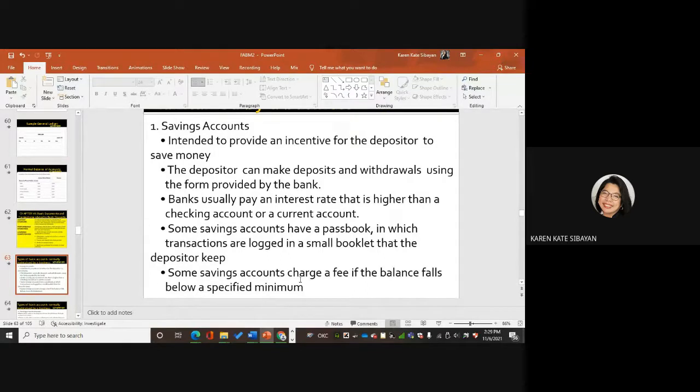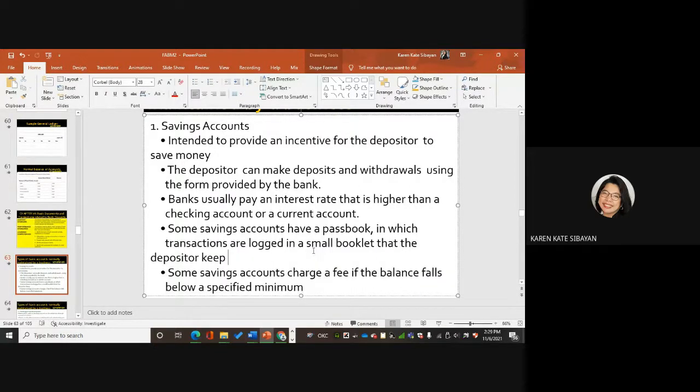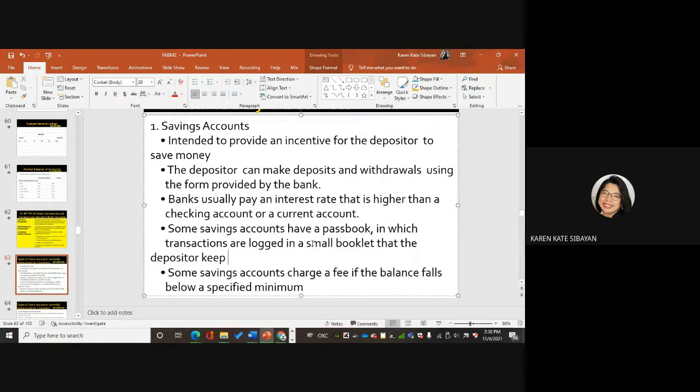So ito I think na-explain ko na kanina. So for example, pag may mga maliit kang kapatid, it's better na kuhaan sila ng savers. Meron, usually 500 yung minimum balance nila.